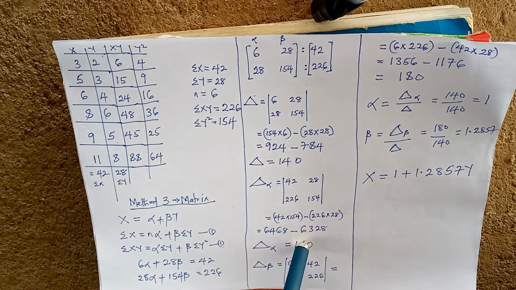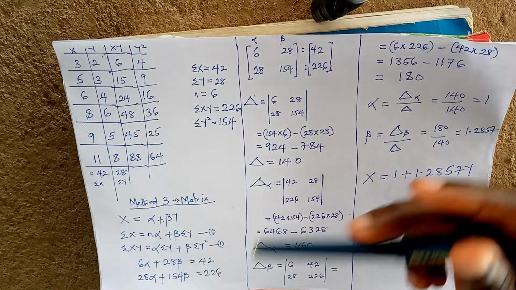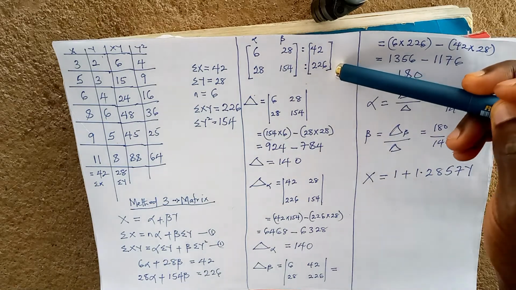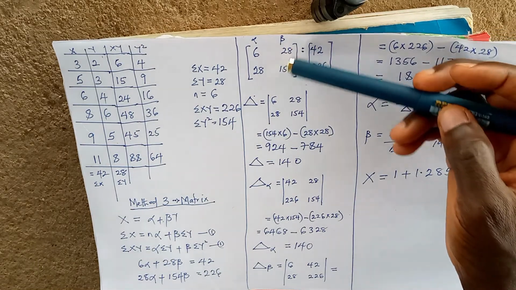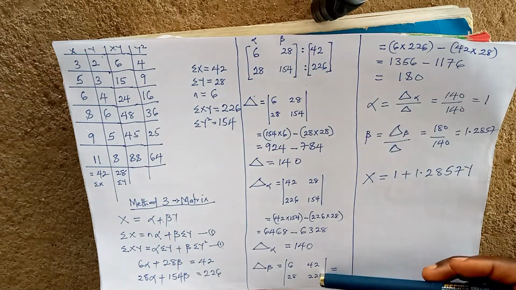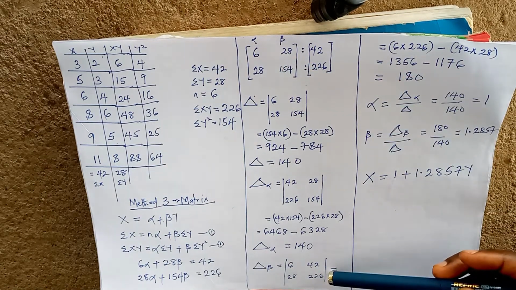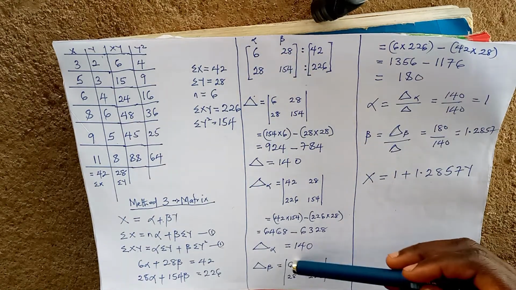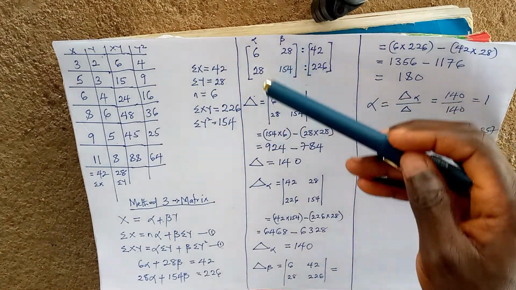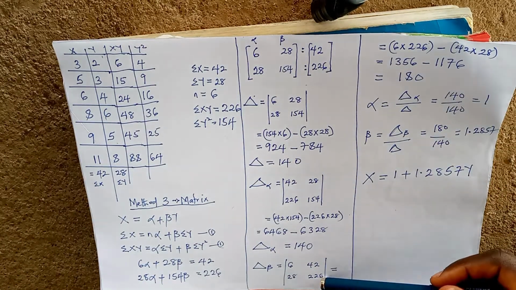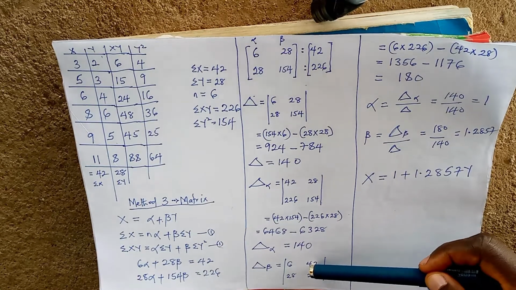Now we need the determinant of beta. We replace the second column by the equal values, so instead of 28 154, we have 42 226 in the second column, and the alpha column, 6 28, comes back.